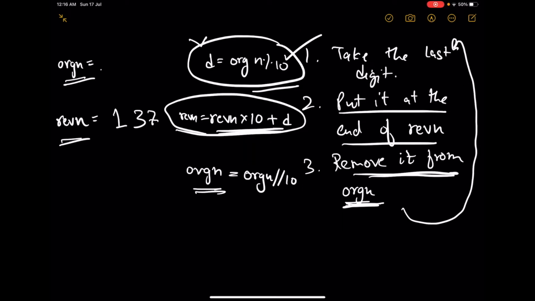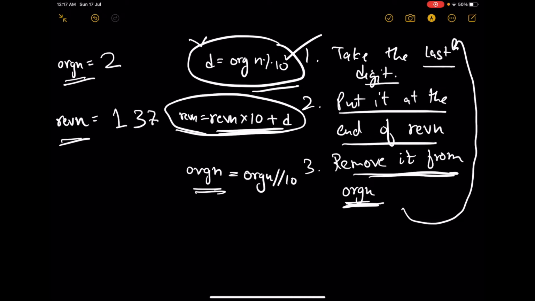So to see that, we'll actually have to see what happens to orgn when it has just the last digit left, right? So 2137 was our number, and we've taken the last 3 digits and reversed them, right? Now we're left with this final digit that we have to put at the end of reven. So we do the first step, which is take the last digit.